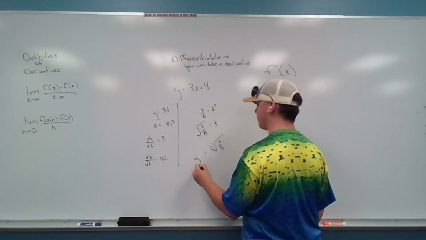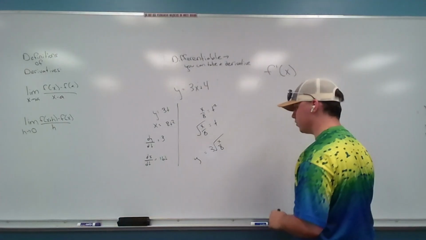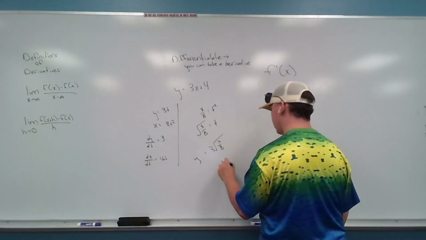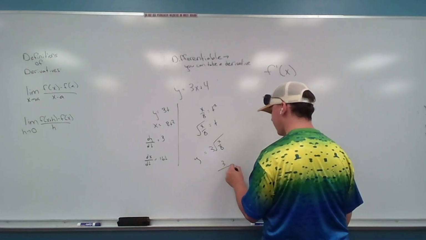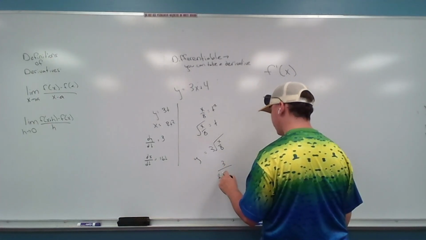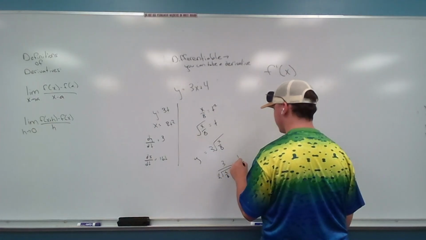equals y. And now if we take the derivative of this, I'm going to use some stuff that I haven't taught you yet, but it'll make sense later. It'll be 3 over 2 times 1/8.